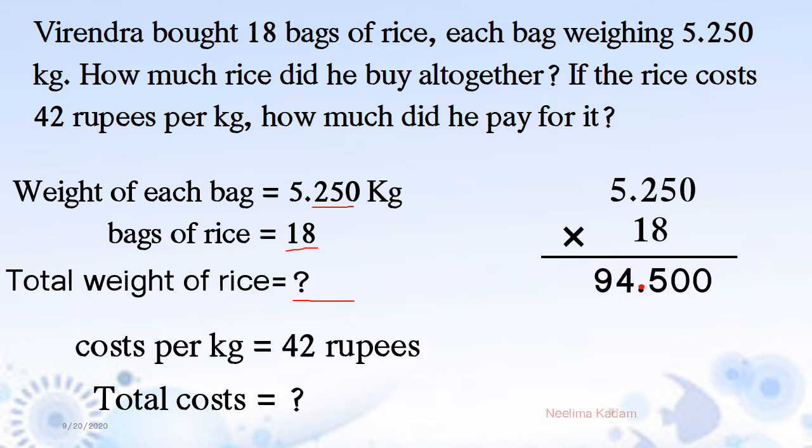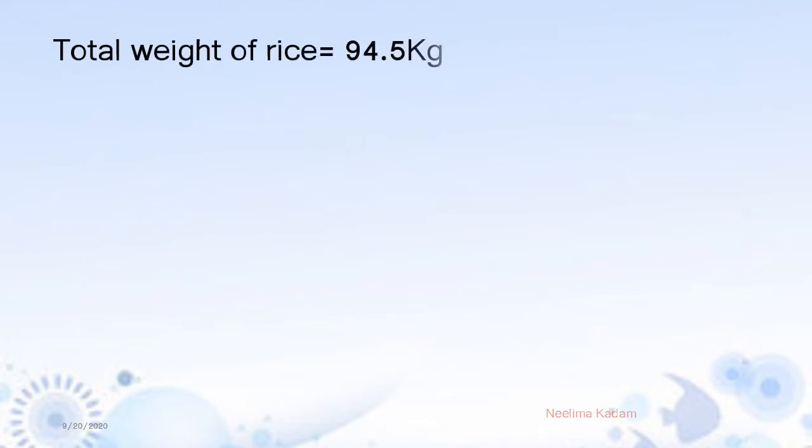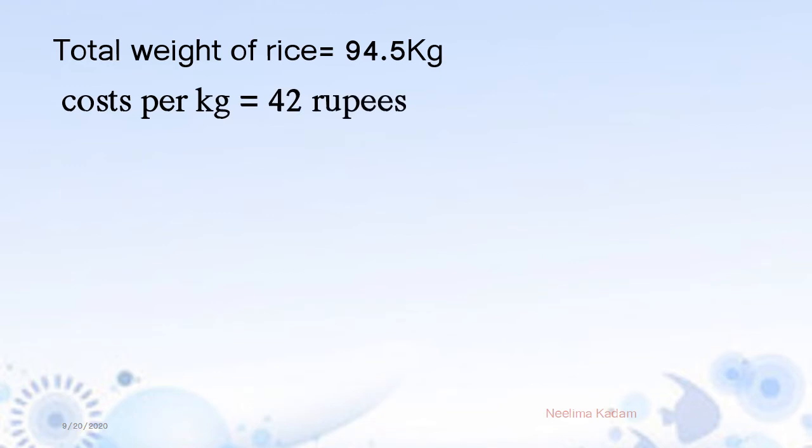He bought altogether 94.5 kg of rice. So total rice equals 94.5 kg. Total weight of rice is 94.5 kg. Cost per kg is 42 rupees.